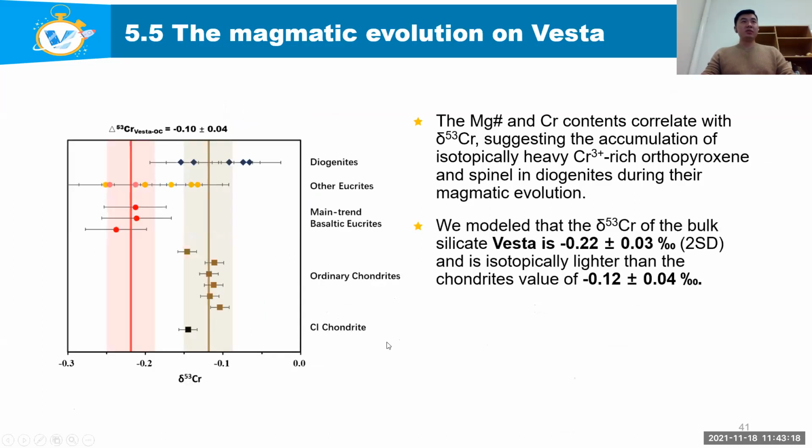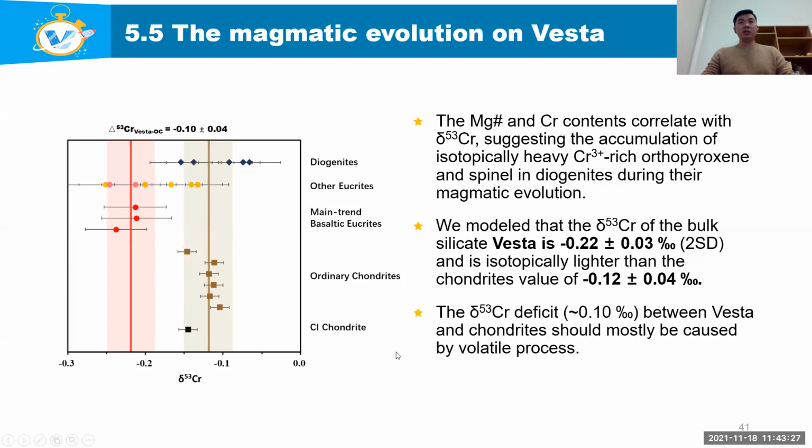And Vesta is isotopically lighter than chondrites, mainly the ordinary chondrites. And this chromium stable isotope difference between Vesta and chondrites should mostly be caused by a volatile process.